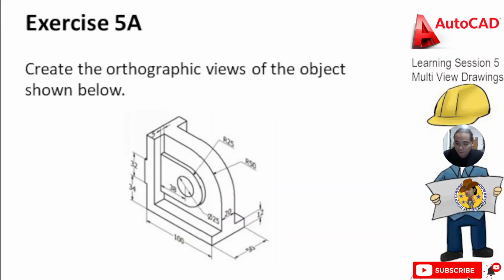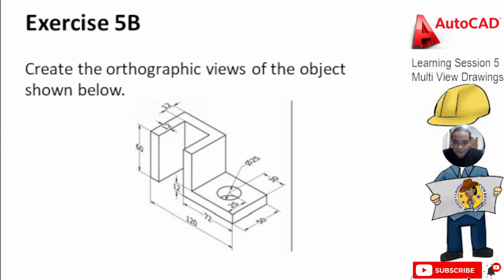Then we go to exercise 5B. For this one, you have to create the orthographic views of the object shown below. When you see orthographic, we have three views: front, top view, and side view. This is the front view. You can see this rectangle, this rectangle, this one.